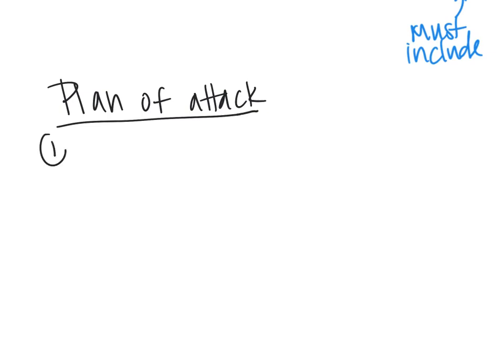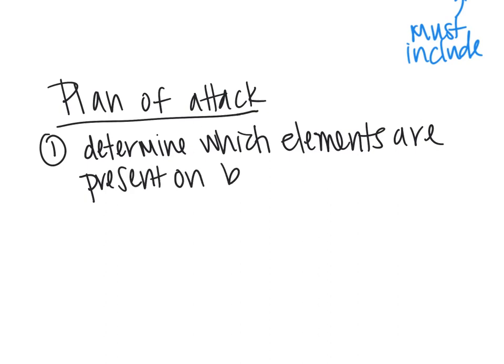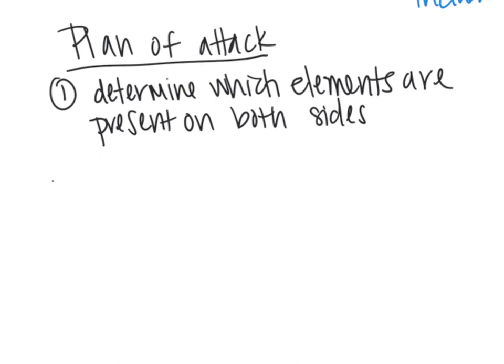So your first goal is to determine which elements are present on both sides. So once you do that, then you can start to look at, if we figure out there's an imbalance, what do we do next?